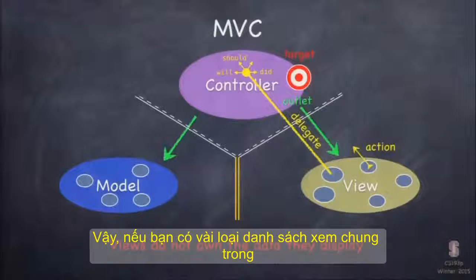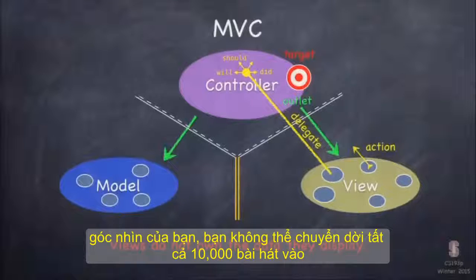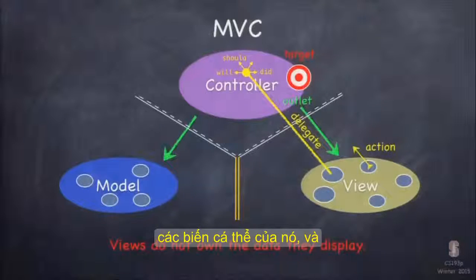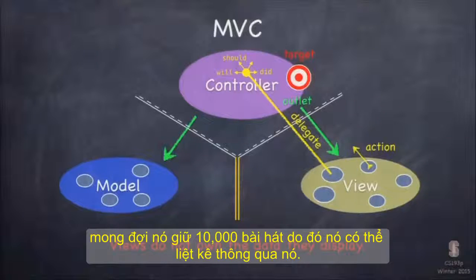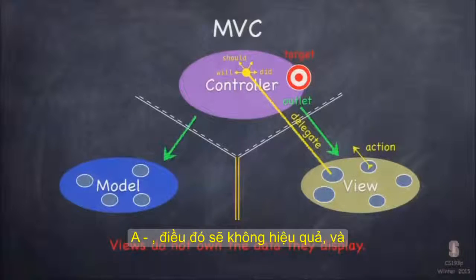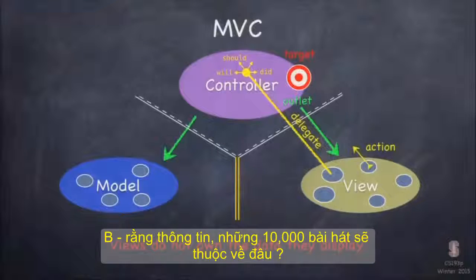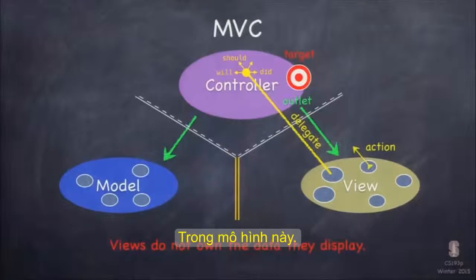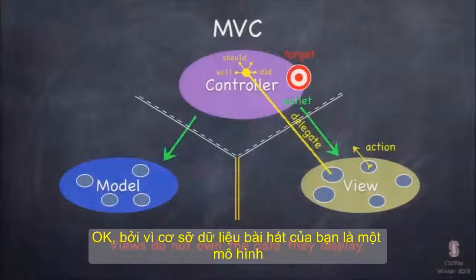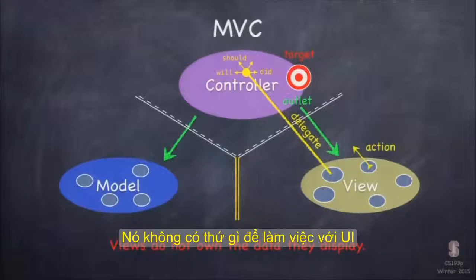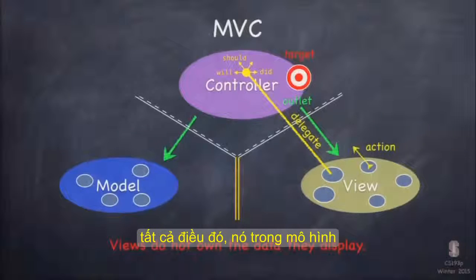So if you have some kind of generic list view in your view, you can't transfer all 10,000 songs to its instance variables and expect it to hold 10,000 songs so it can list through it. A, that would be inefficient. And B, that information, those 10,000 songs, belongs where? In the model, because your song database is a model. It has nothing to do with UI. It's just a list of songs and artists and albums and all that.